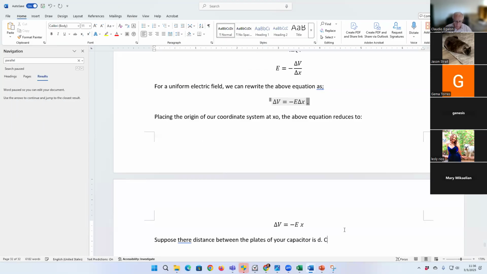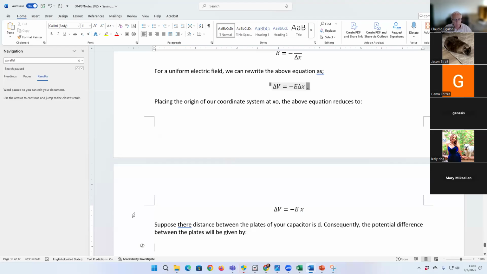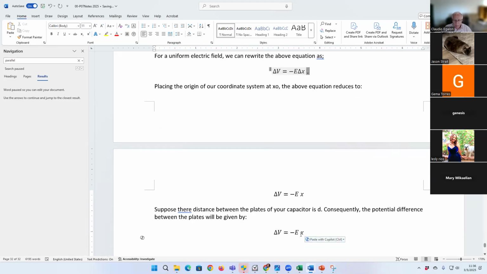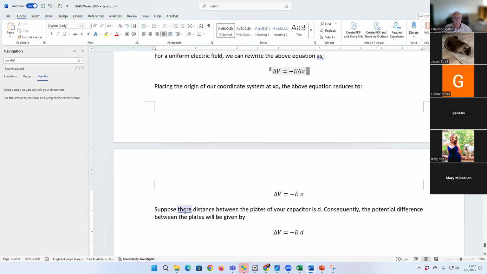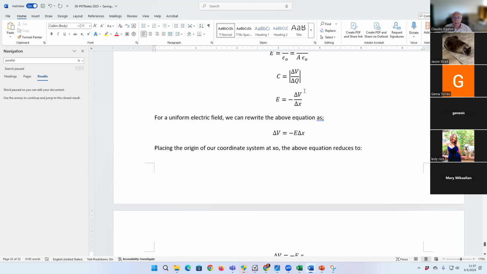Okay? Consequently, the potential difference between the plates will be given by, okay, E times D. Okay, and I'm going to here write that also.